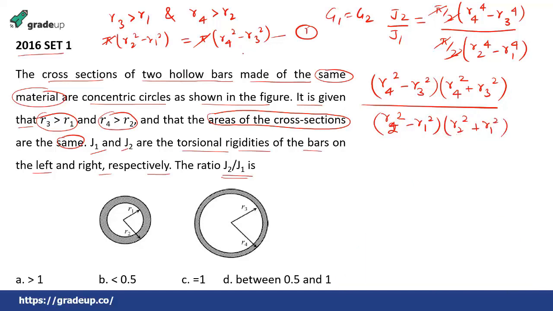Okay, now since R4 square minus R3 square is equal to R2 square minus R1 square, these two terms will get cancelled and we are left with this thing.